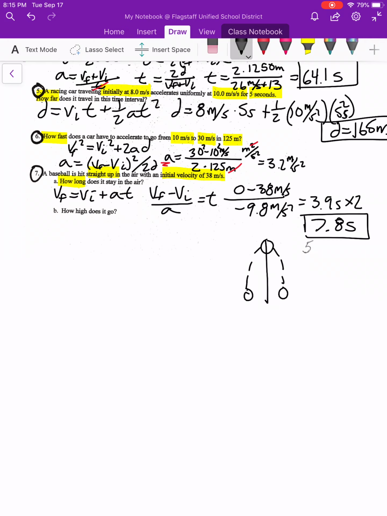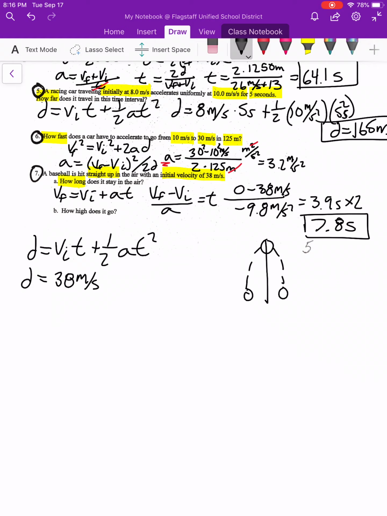For part B, how high does it go? We'll use this equation. Distance is my initial velocity times time plus 1/2 acceleration times time squared, right? Because I have an initial velocity, I have a time now, and I have an acceleration. So I'll plug it in. D equals my V initial, which was positive 38 meters per second, right?